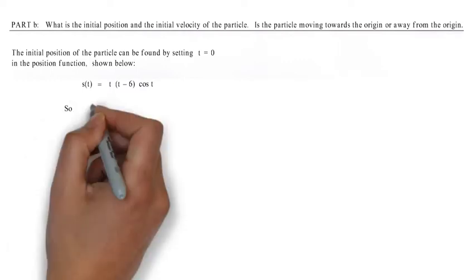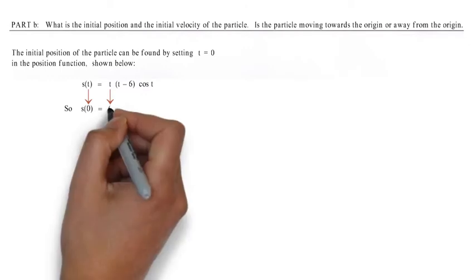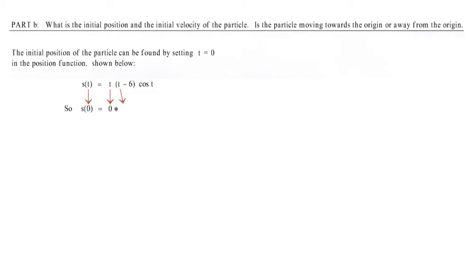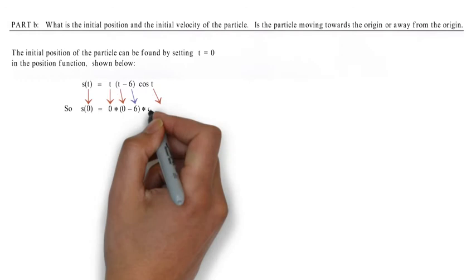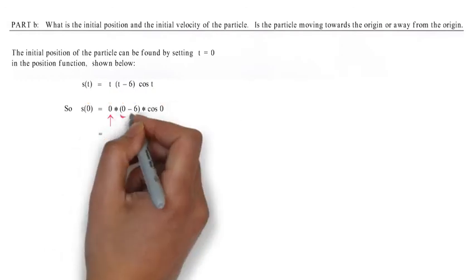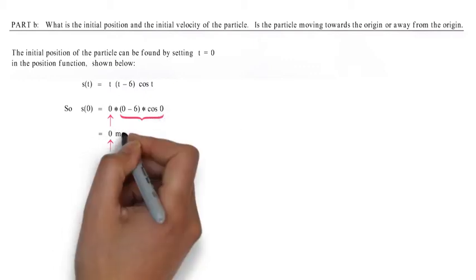So s(t) becomes s(0) = 0 times (0 - 6) times cos 0 = 0 times this expression is 0 meters.